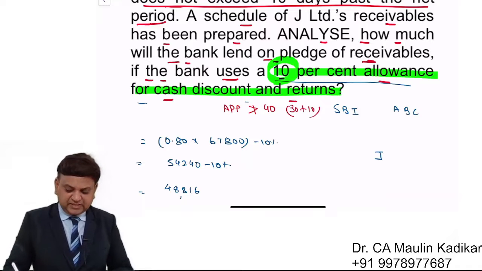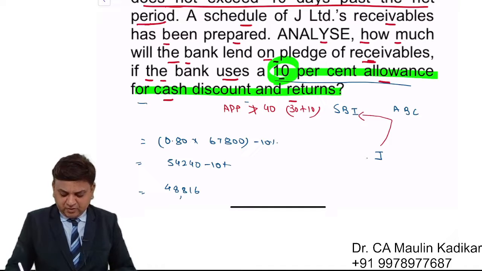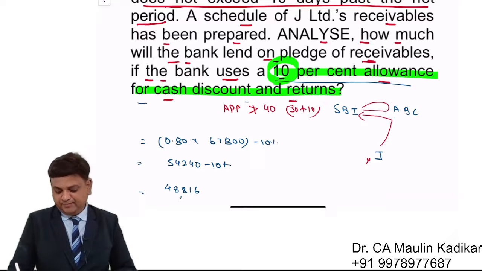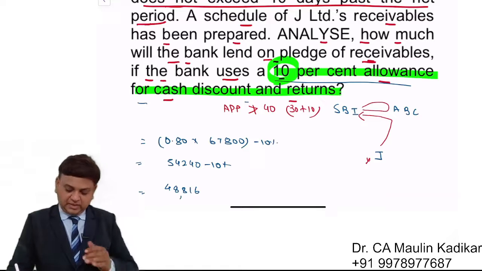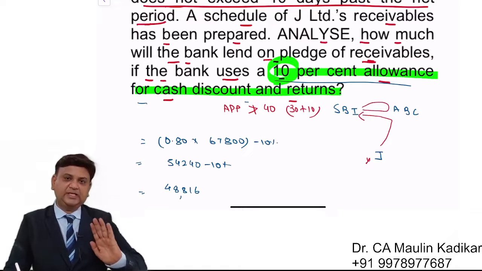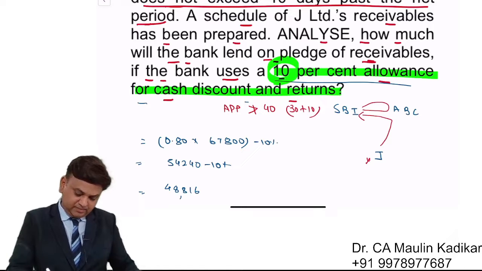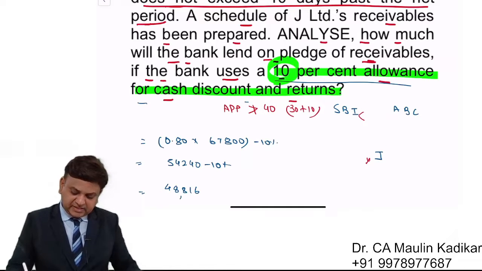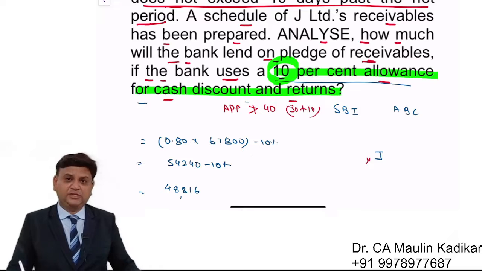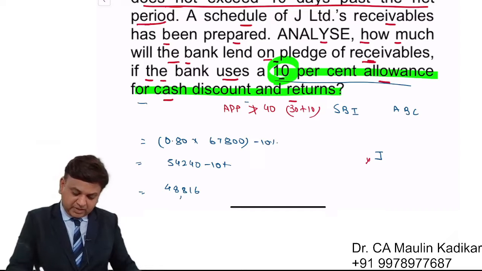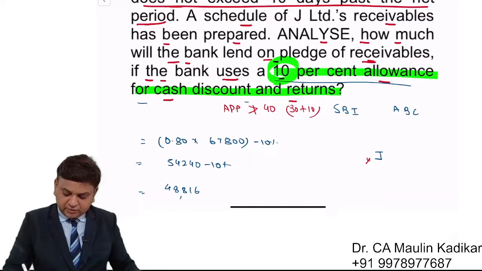J Limited has assigned this debtor to State Bank of India, that if I do not pay, you may get the collection from ABC. State Bank of India agreed, and against that the loan is given. Now let us say that J Limited defaults. So State Bank of India is approaching ABC and asking for money.